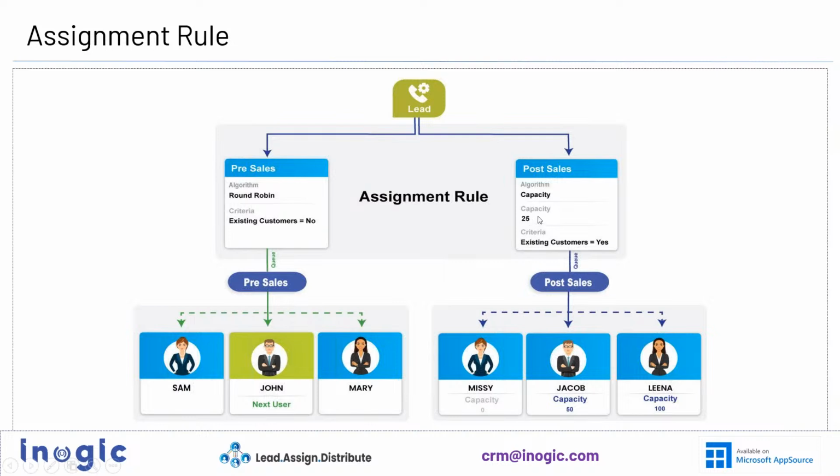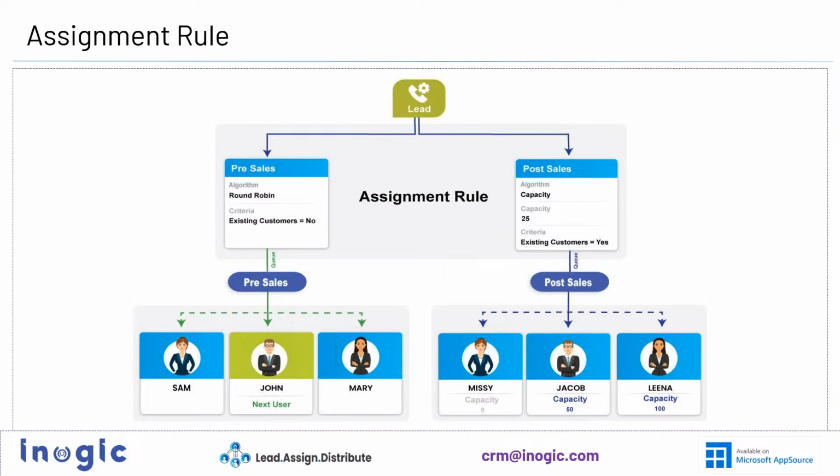Now here you will see a subtle difference, and that subtle difference is the capacity. This means that for any lead which is falling in the post-sales queue, before assigning the record to any of the users, we will first check whether the user has the available capacity. Now let's assume that to serve a lead that falls in the post-sales queue, the resource, whether it's Missy, Jacob, or Lena, requires at least 25 units of capacity.